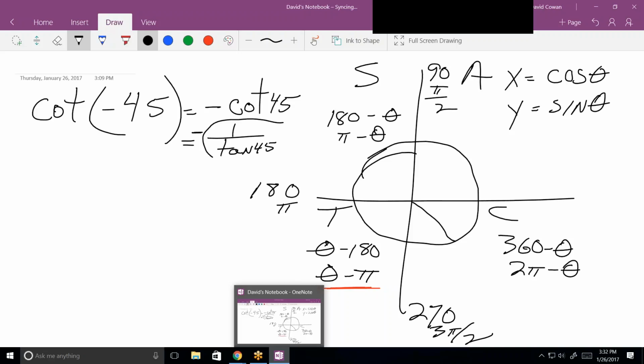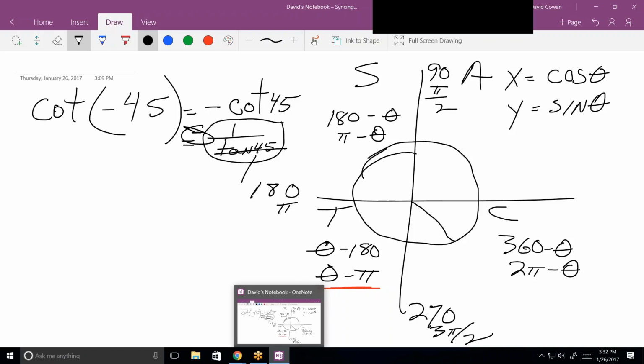Well, now I don't have to deal with that 360 minus theta. I don't have to convert it to a 315 degree angle. I can deal directly with tangent of 45 degrees. I know that's 1. And this negative sign is still there.